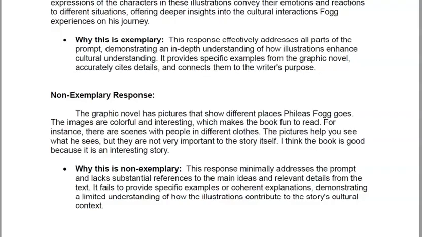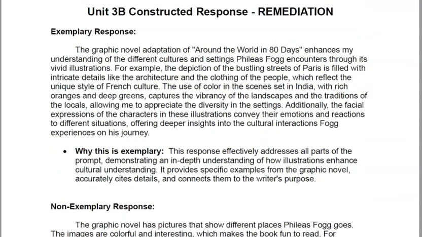look in the text or a general idea of how the pictures help you understand the story, but specific details of how the pictures, the illustrations, help you understand the story and the cultural aspects of the story.